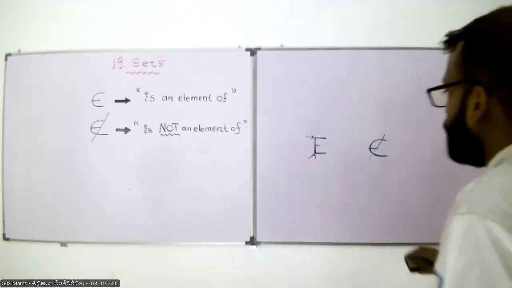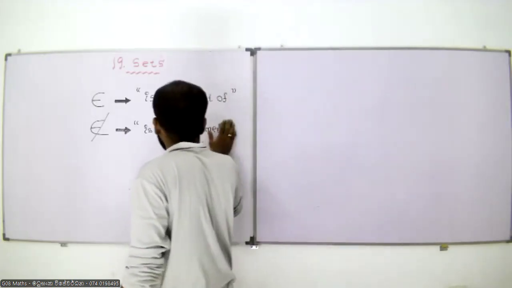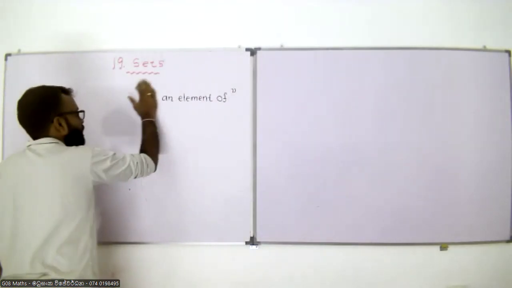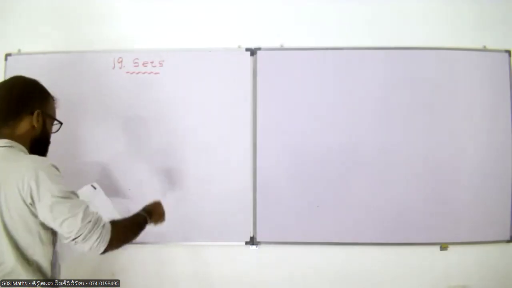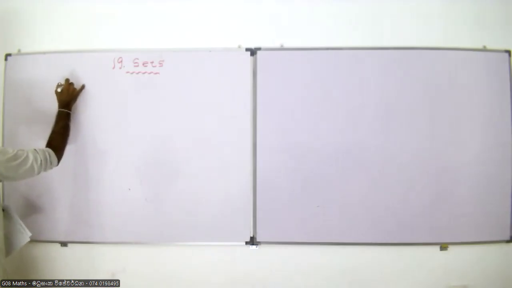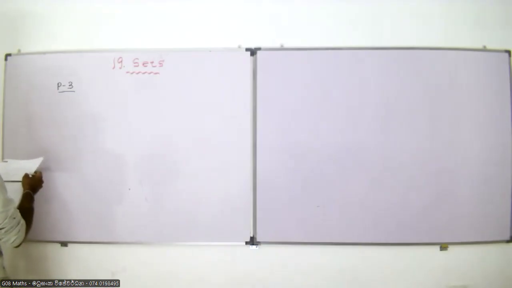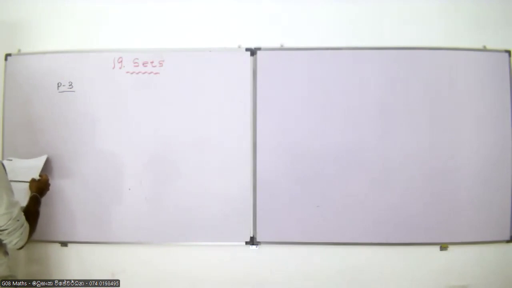Right. Now we are going to learn about number of elements in a set. Come to page number 3. Right.